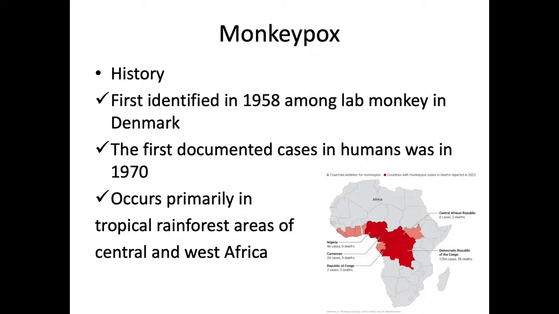Endemic countries are in Africa, West and Central African countries, as you see here. There are two strains of the virus, the West African strain and the Central African strain. The West African strain is what has spread now, and it is milder with a lower mortality rate.